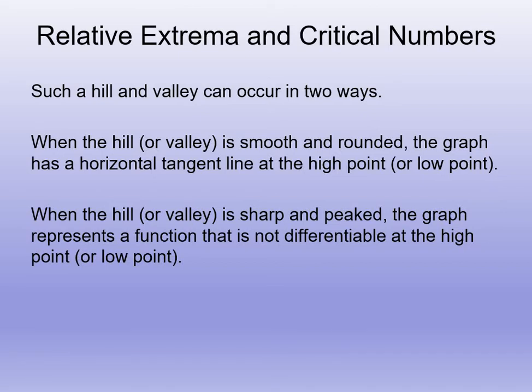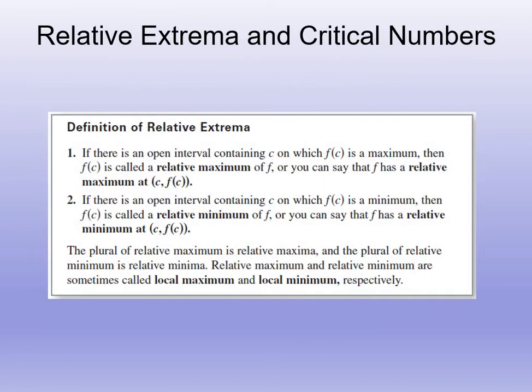That's how we can understand if we have a hill or valley. When it is a sharp point, like an absolute value, that function is not differentiable at that point, so we cannot conclude if it's a max or a min based on that. But if we have a hill or a valley, we know our horizontal tangent line is 0.